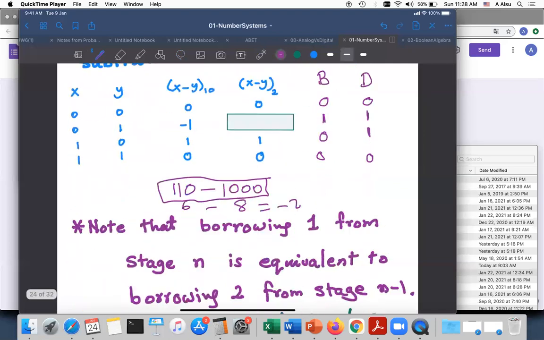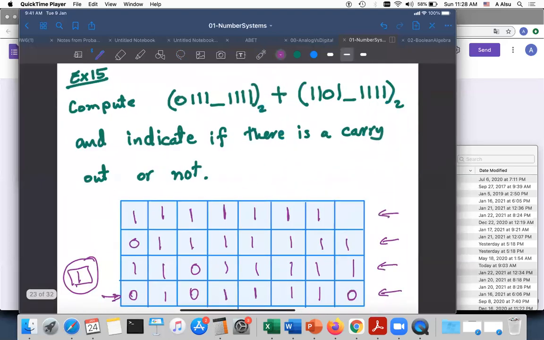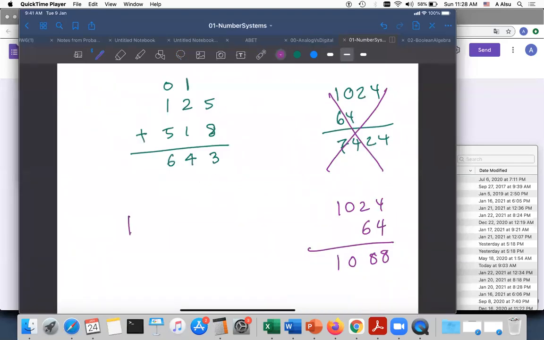I would like to subtract 185 from 173. 173 minus 185. We expect the answer to be positive or negative here? Negative. But we are not going to do it the normal way. We're going to do it how the computers do it.